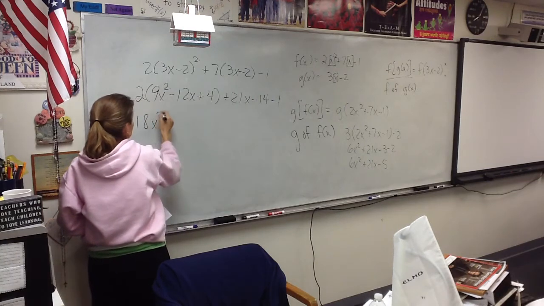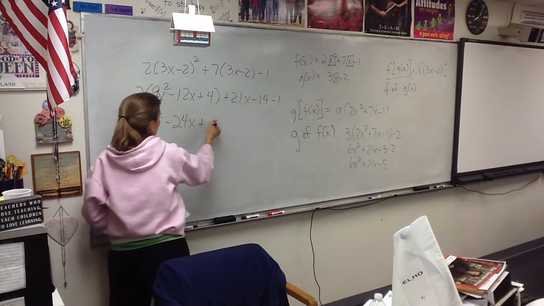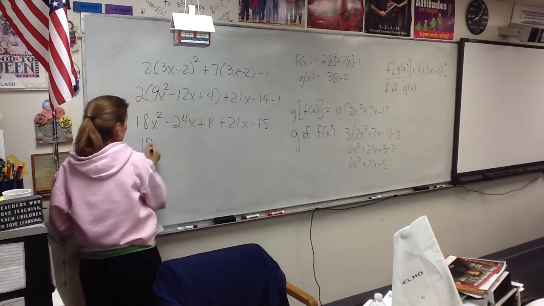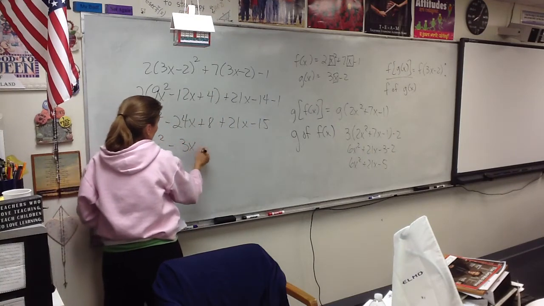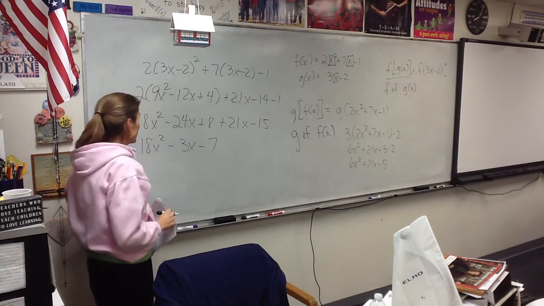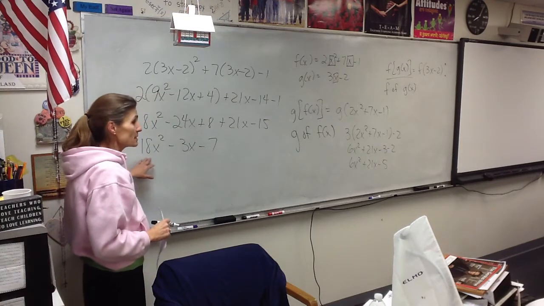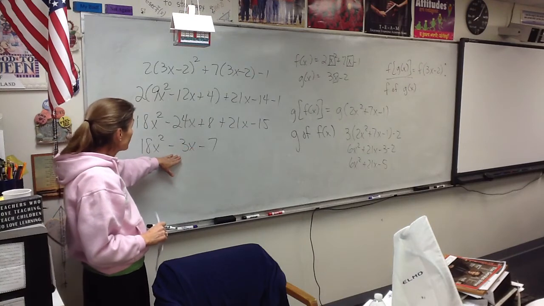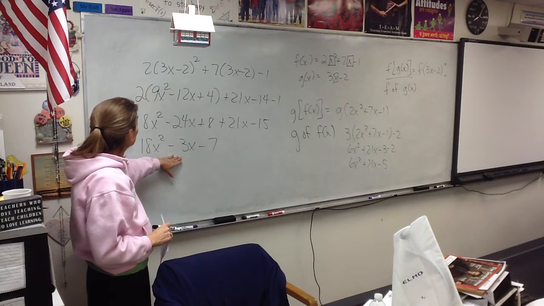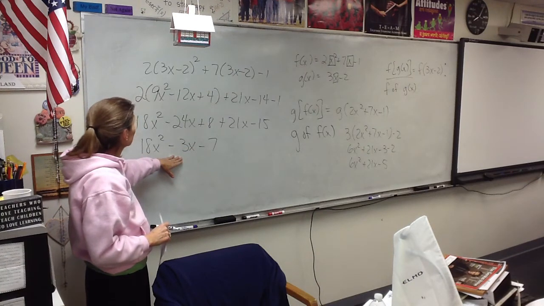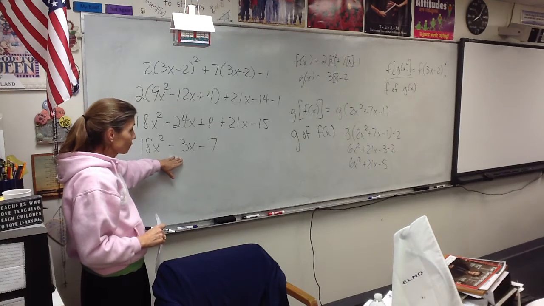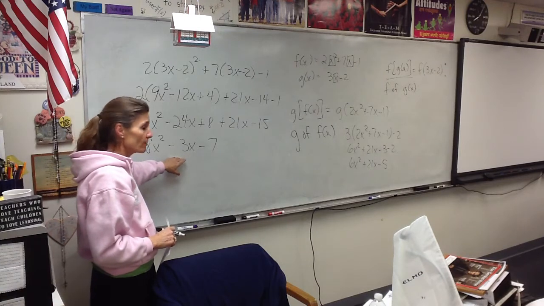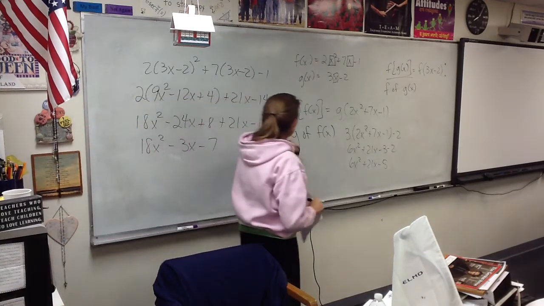So 18x squared minus 24x plus 8. I did that kind of fast. I hope my arithmetic worked out. Once again, this is the answer. Okay, don't solve it. No quadratic formula, no factoring, just stop.